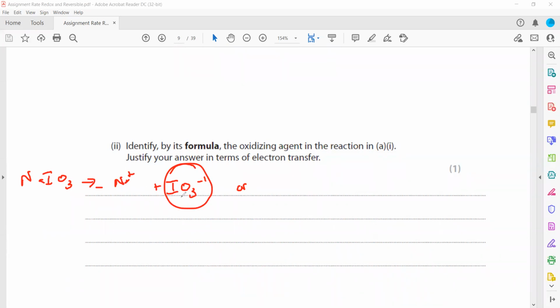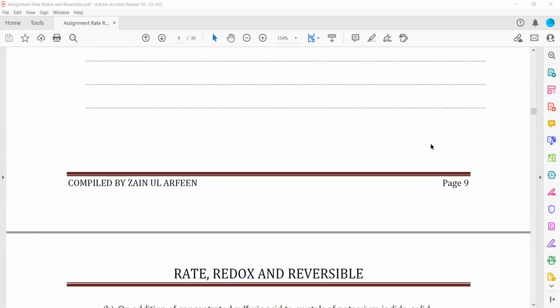So it is acceptable if you write IO3 iodate 5 ion, or you write sodium iodate; both refer to the oxidizing agent. And why are they oxidizing agents? Because they are reduced, or reduction happens. And why does reduction happen? Because it gains electrons. So whenever a substance gains electrons, it is reduced, or we call that an oxidizing agent or oxidant.